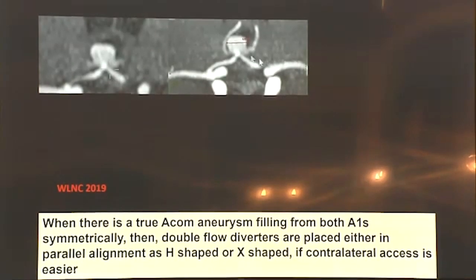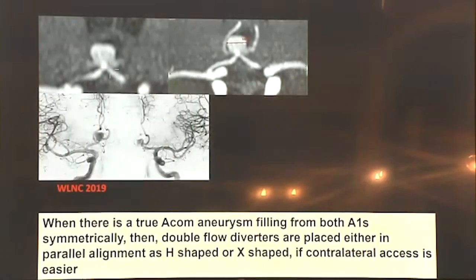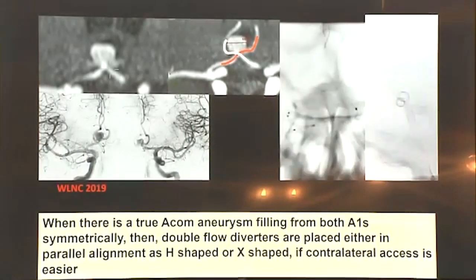In this one, because the angles are not easy to place parallel flow diverters, we prefer to do X flow diverter placement.